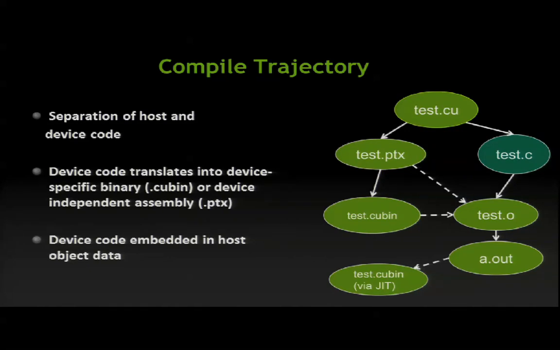So when you have your source code, your test.cu file, what the compiler will do, in a first pass, is split this test.cu program into the host and device code. The host code will be handed off to the host system compiler, so GCC on a Linux-based system, or on the Windows side it can be the Microsoft compiler.